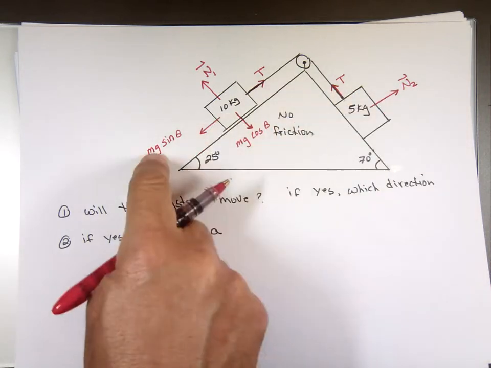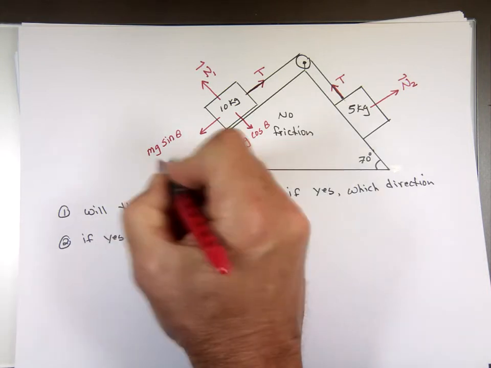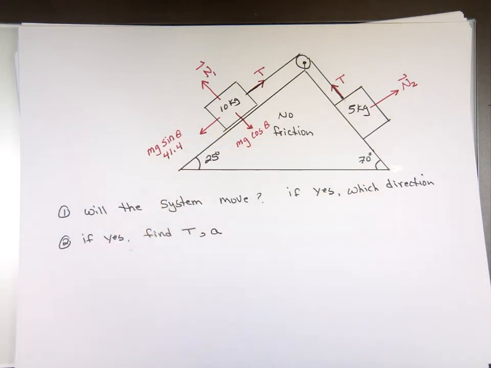That's 10 times 9.8, 98 sine of 25. That's equal to 41.4. And the other one is 98 cosine of 25. I think I wrote 25, not 45. 88.8 here.